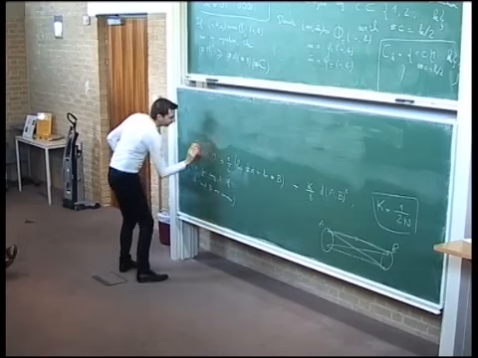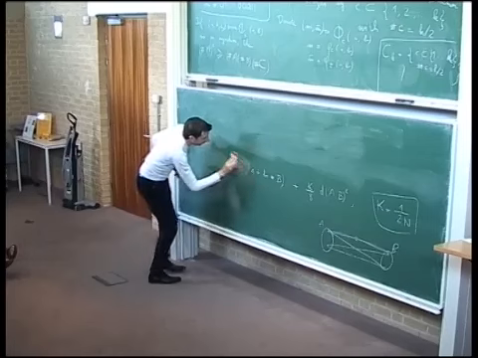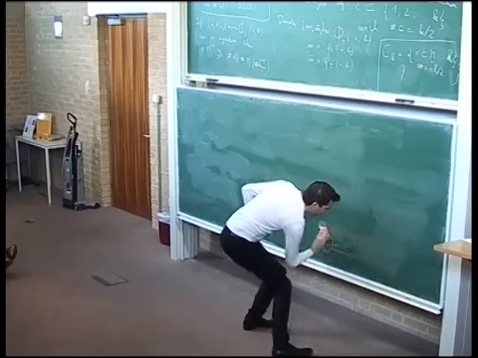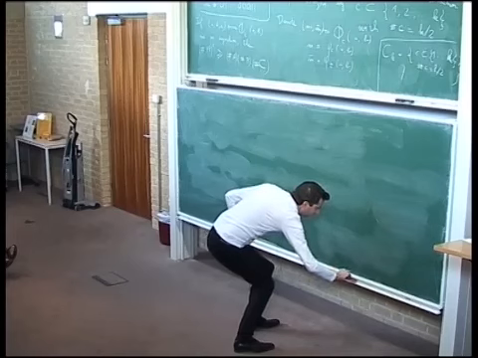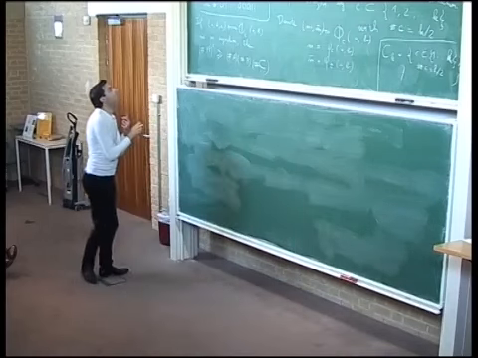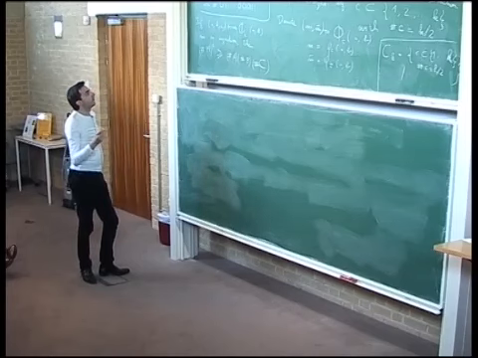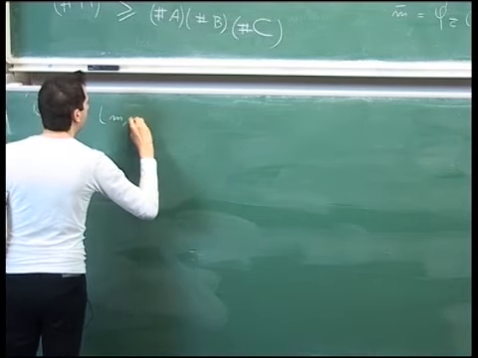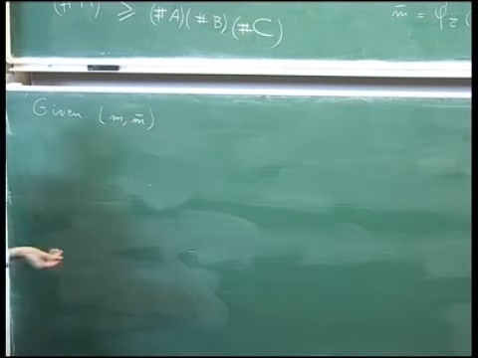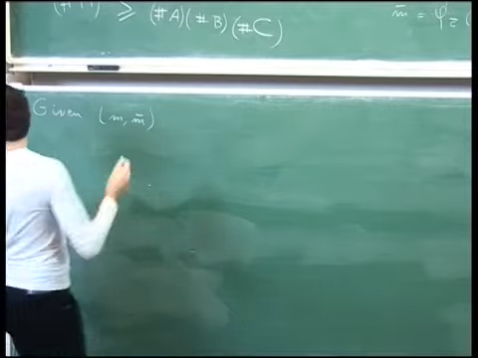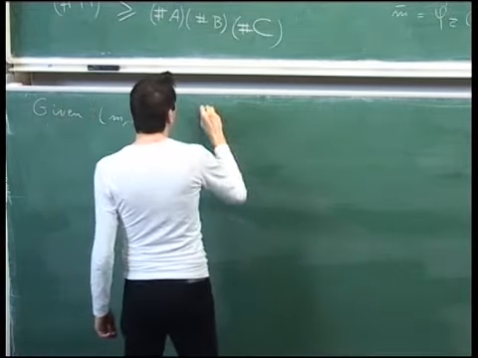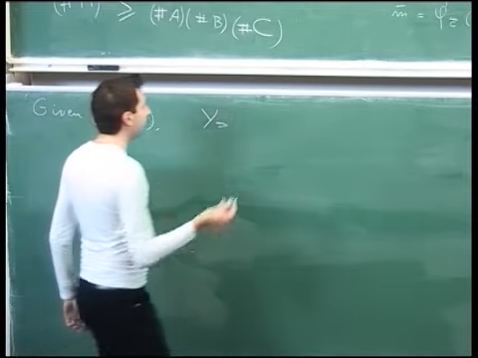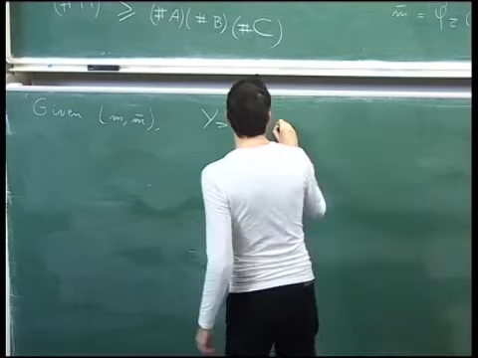So, now, given M bar, well, it's just a pair of midpoints for now. You define by Y the pre-image of this map. So it's the set of those C's.